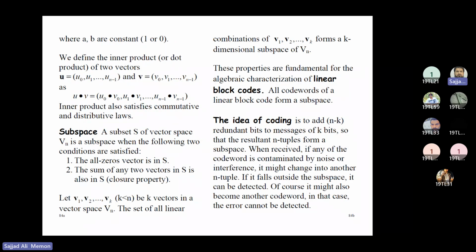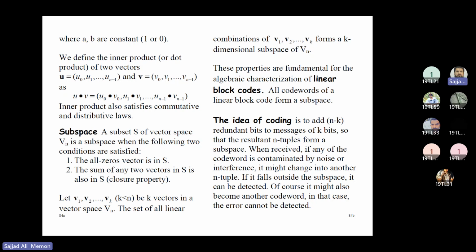Take the example of 3-tuples: it will have 8 distinct vectors. If you take a few vectors from that vector space, we call that a subspace.